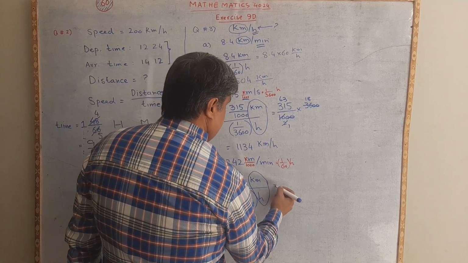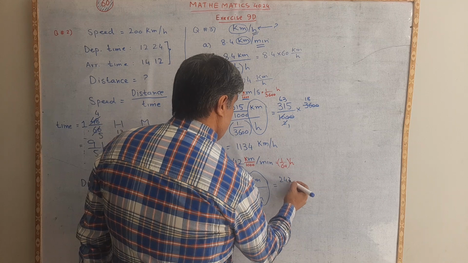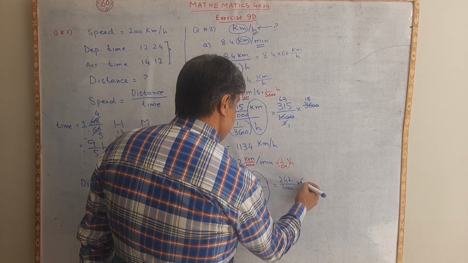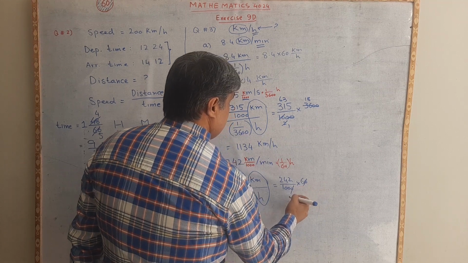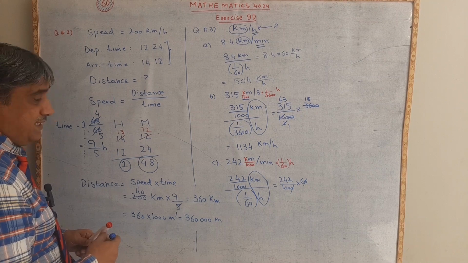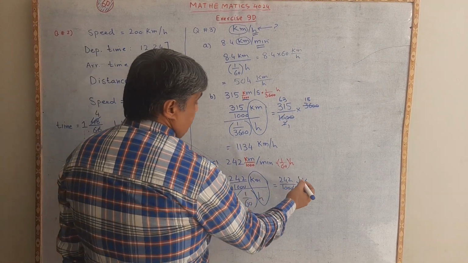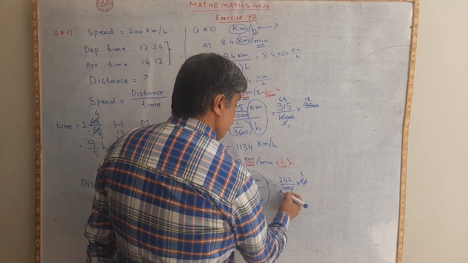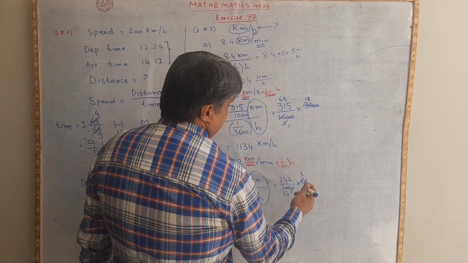Next thing is that 242 divided by 1000 multiplied by 60. So this 0 will be cancelled with this one, and 2 threes are, and 2 fifties are.